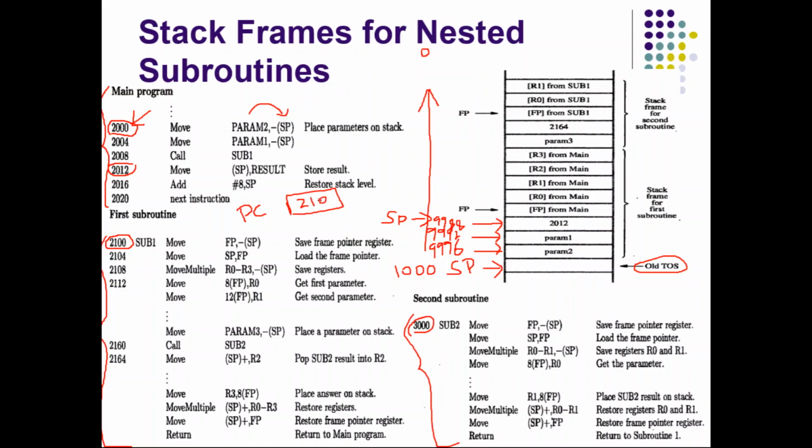Call subroutine 1 means subroutine 1 is the name of the subroutine and its address is 2100, so PC is 2100. Execution will now start from 2100. You can see the first statement is where the FP, the frame pointer, comes into play: move FP comma minus 1 comma SP.